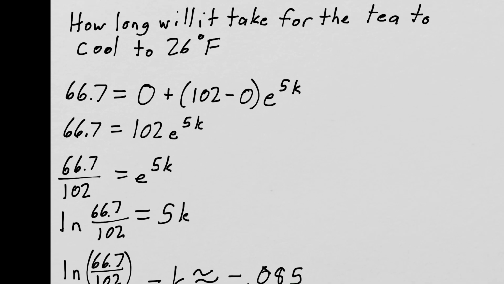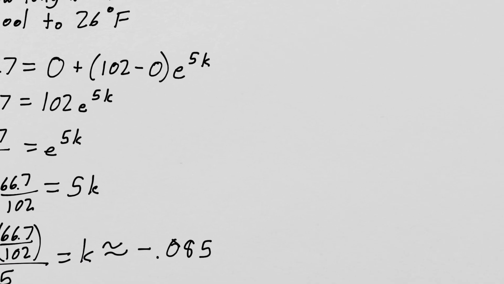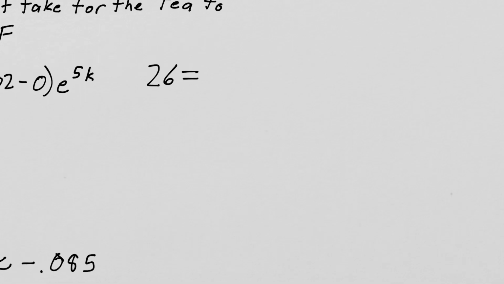So now we want to know how long it's going to take for the tea to cool to 26 degrees. So let's plug in what we know to the formula. We know we're looking for 26. We still know the temperature of the surroundings is 0, which I'm going to take the liberty of just not writing it all here. We know the initial temperature is 102.